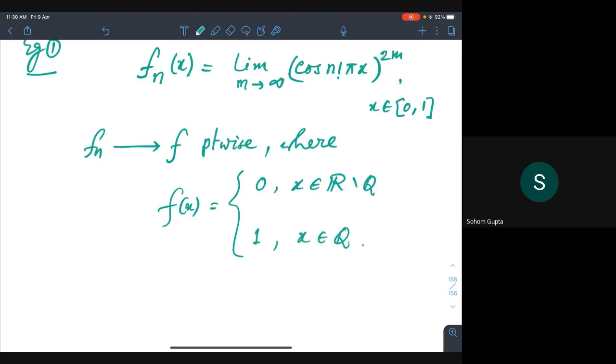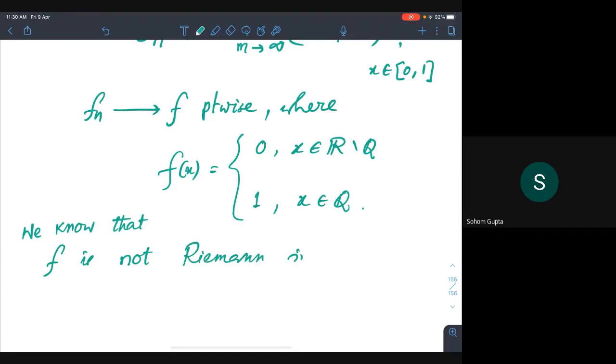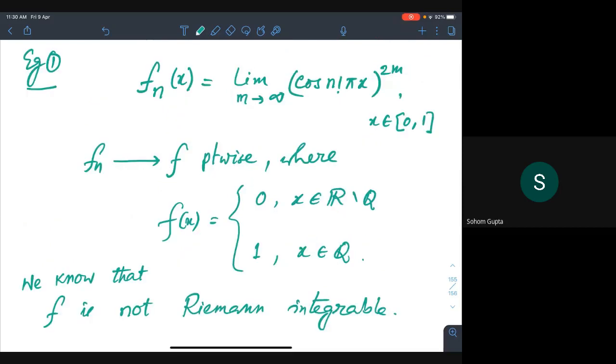So you can see that we know F is not Riemann integrable, right? So the question remains to show whether Fn is Riemann integrable on [0, 1].